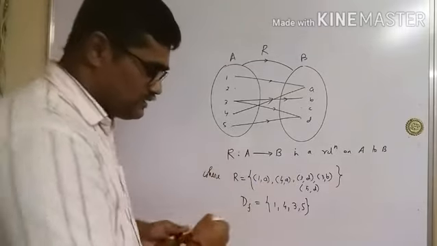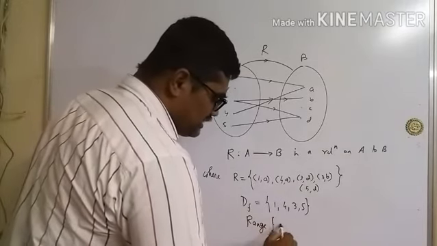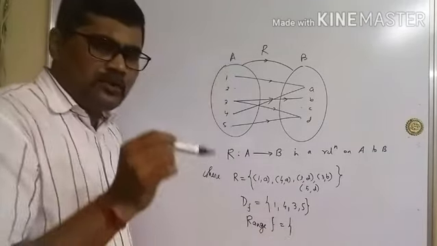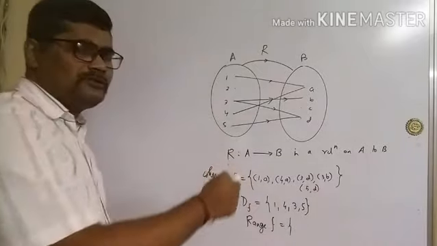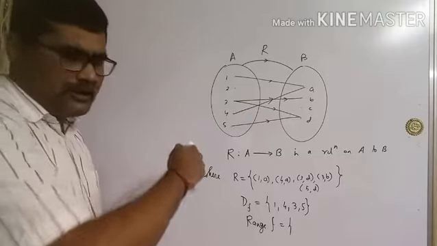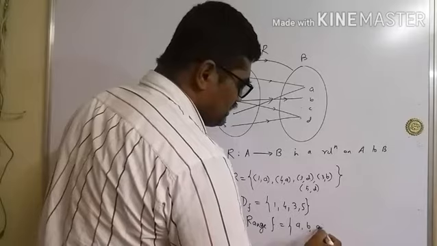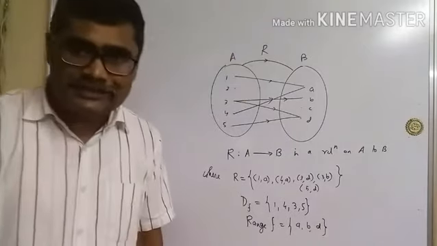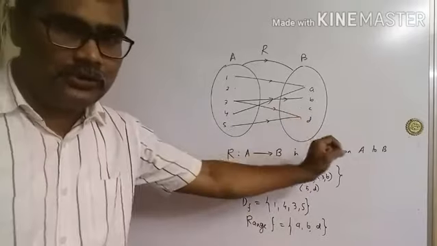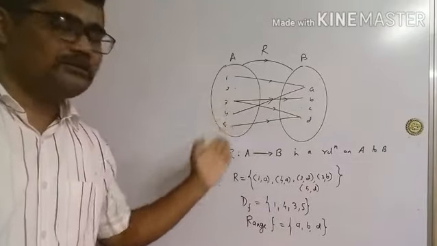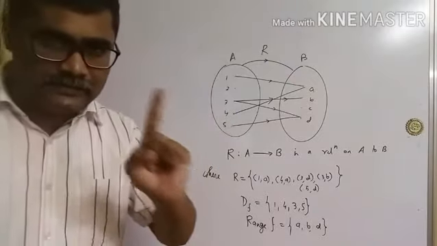Range of the relation. How do we define it? We write it like this. It contains all the elements which are related to some of the elements of this domain. So we will be including here A, B and D. Will C be included? No, not at all. Why? Because you can find C is nowhere related to any one of the elements of this left hand side set. Is that very clear to you?